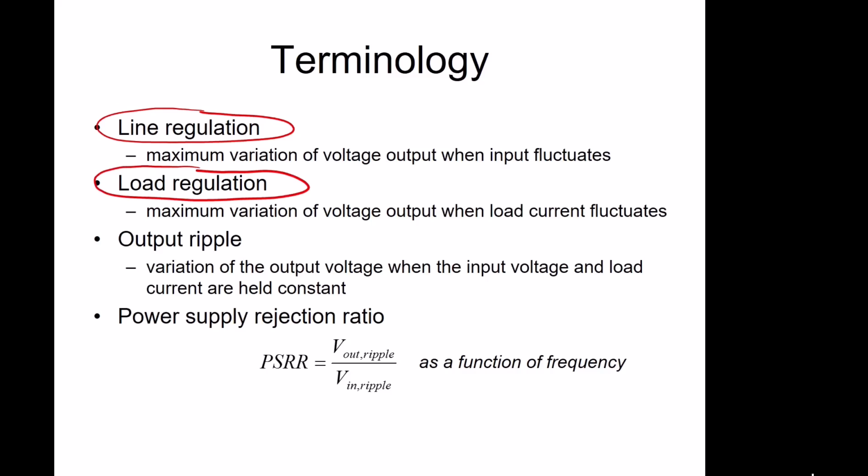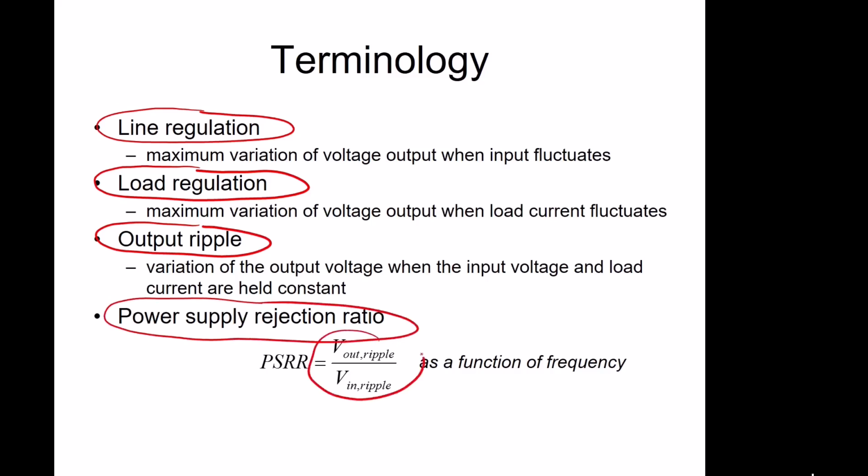The output ripple is, in ideal circumstances, with a steady load and a steady input voltage, what is the ripple in the output voltage? The power supply rejection ratio is a ratio of the input ripple compared to the output ripple.